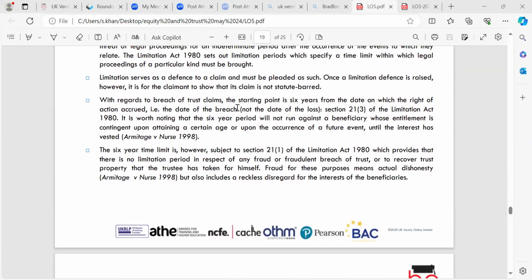With regards to breach of trust claims, the starting point is 6 years from the day on which the right of action occurred, for example, the date of breach. The case in regards to that is Armitage v Nurse, 1998. The 6-year time limit is, however, subject to Section 21(1) of the Limitation Act 1980, which provides there is no limitation period in respect of fraud or fraudulent breach of trust, or to recover trust property.